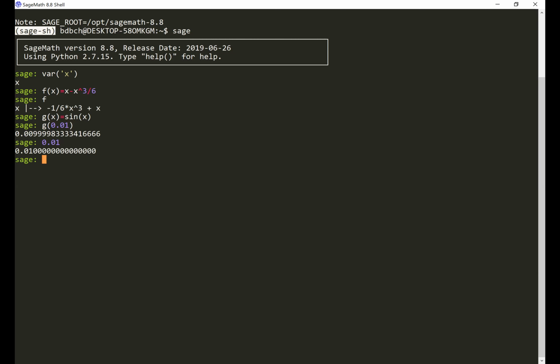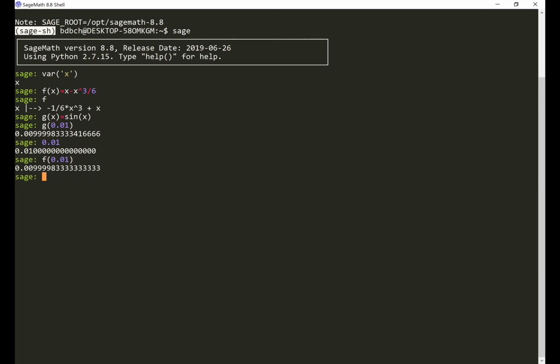Now, what if we use g(x) and plug in 0.01? Then plug into f. f is a nonlinear approximation, which is better than the linear approximation. So we plug 0.01 into f.